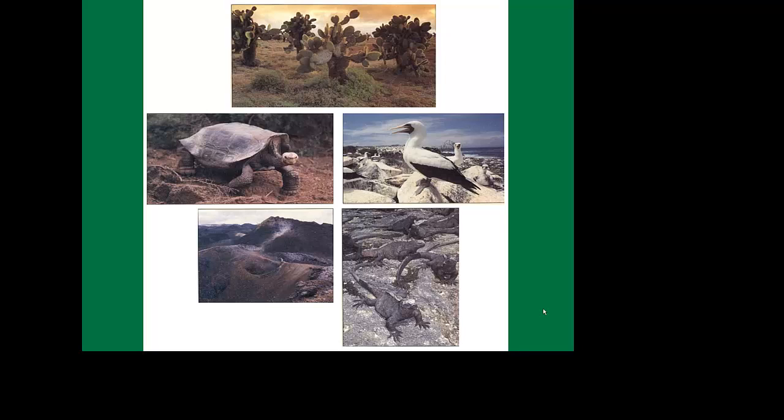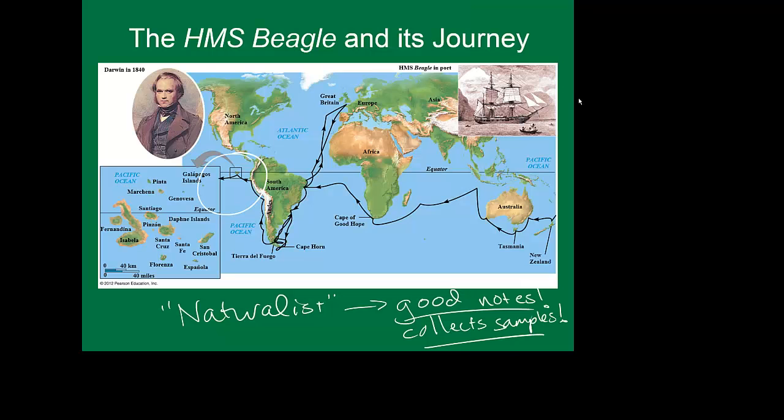So he saw, of course, all kinds of strange things on the Galapagos, but what intrigued Darwin most was he found a whole lot of organisms and plants that look like what we would call mainland organisms. The Galapagos are an island set, right? They're an island chain.